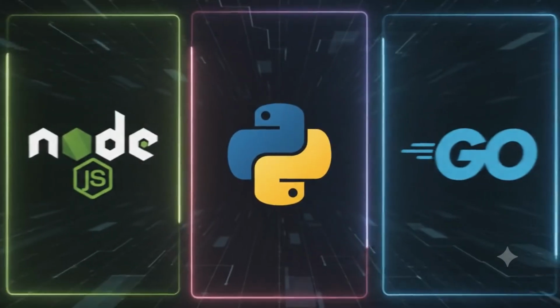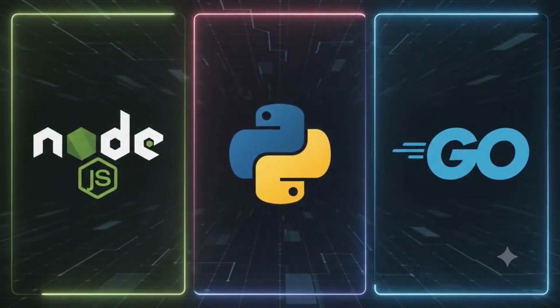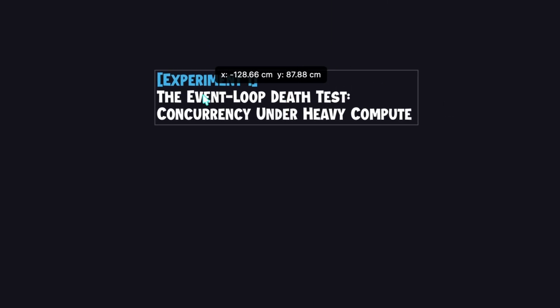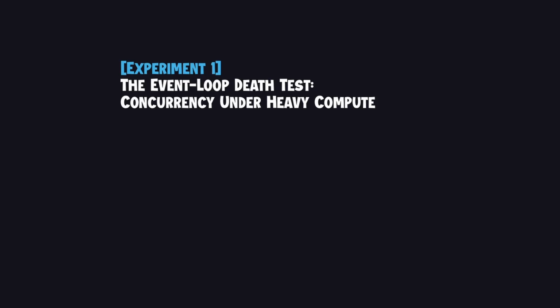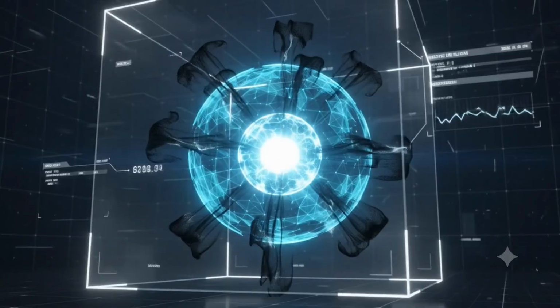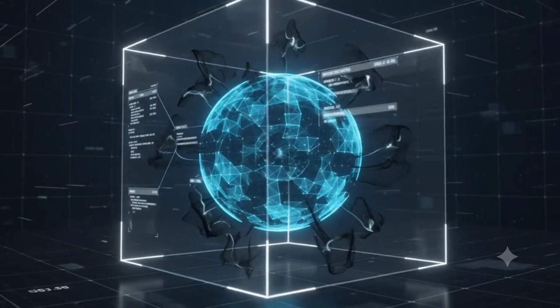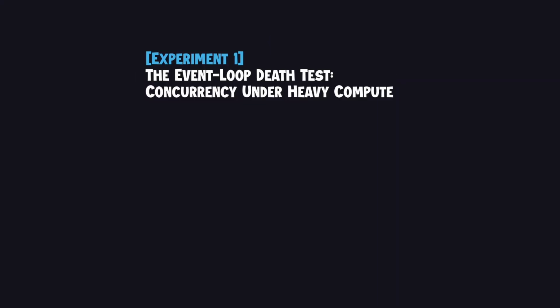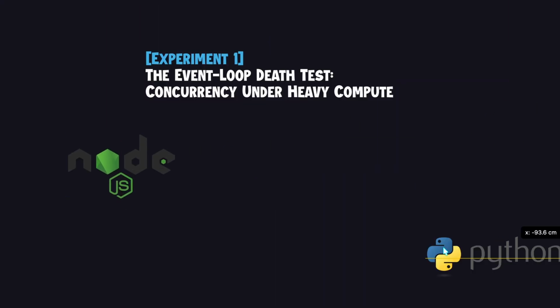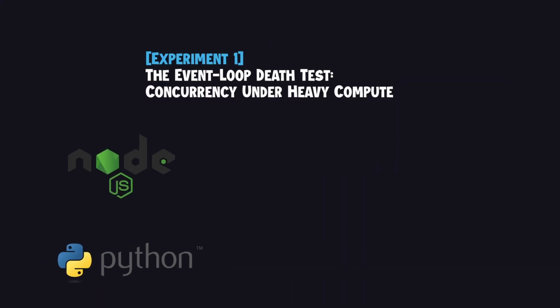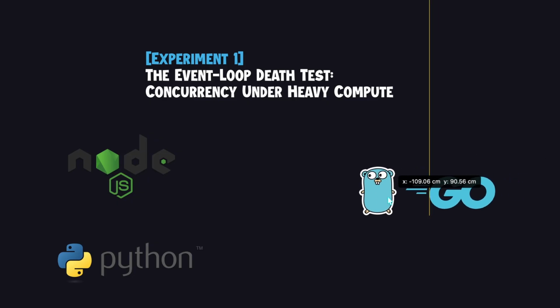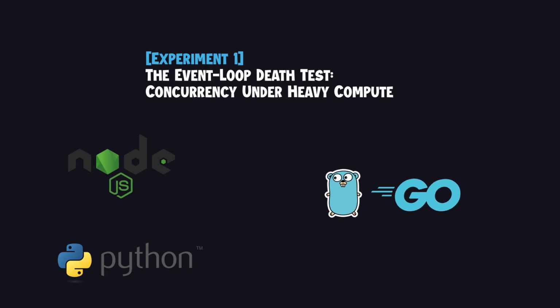In this playlist, we are going to run two highly rigorous production-grade architectural experiments. The event loop death test is the first one. We will show exactly how a single CPU-heavy operation can completely freeze Node.js and Python, sending P99 latencies through the roof, while Go's scheduler handles the exact same load effortlessly.